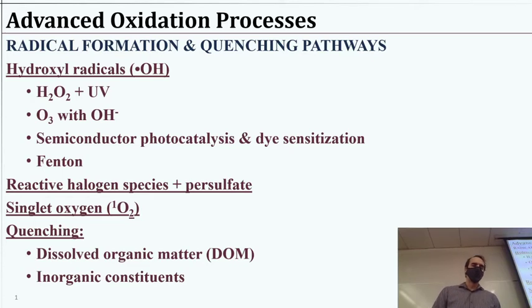Okay, so hydroxyl radicals, I think we talked about a bit last time, are the primary consideration here in terms of the most reactive species. So we're going to be talking a lot about hydroxyl radicals, and these processes that I listed today are all ways that we can produce them. So mostly that's what we'll be talking about today, and then we'll get into the other radicals later.